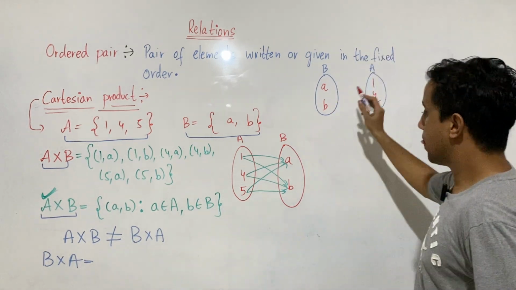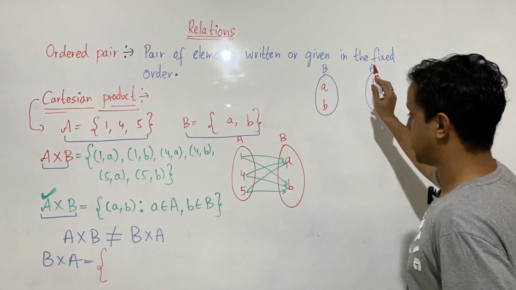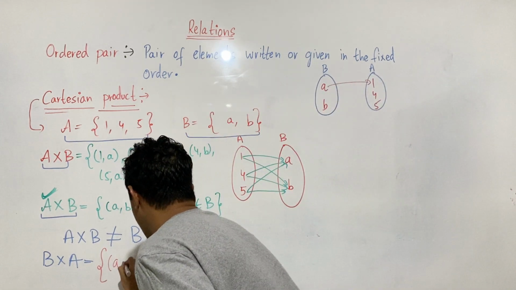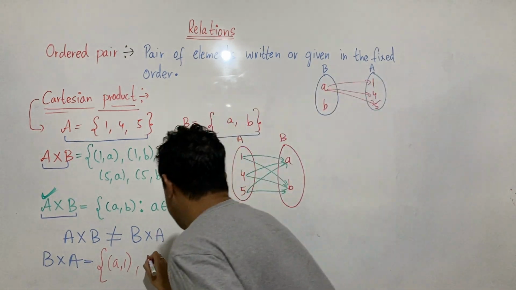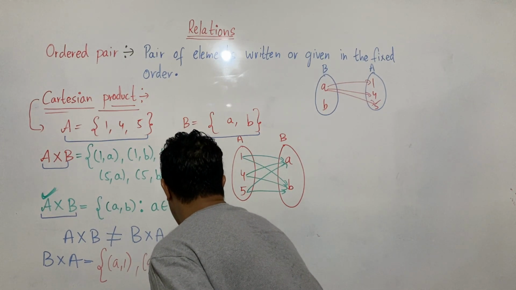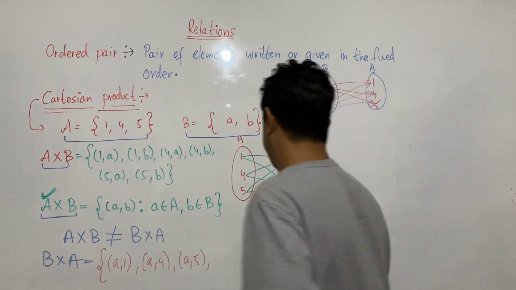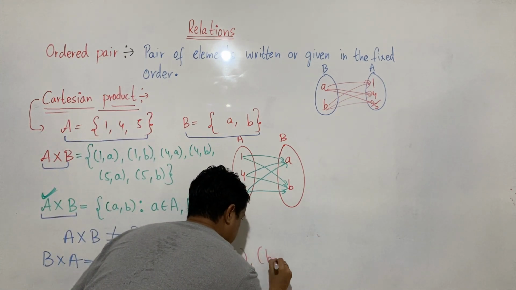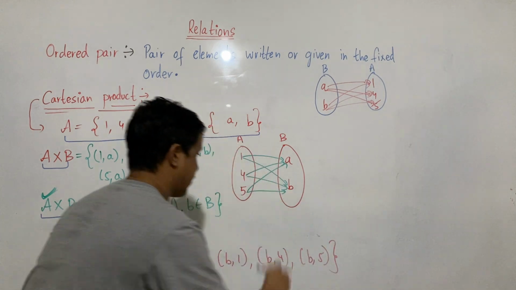So if you want B Cartesian product A, it's going to be A1, A4, A5, and then B1, B4, B5.